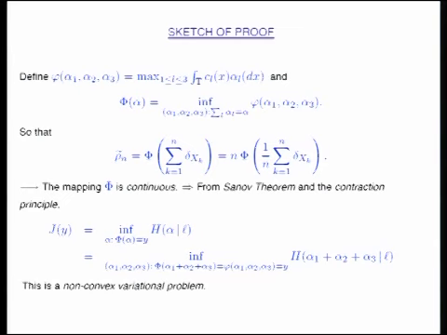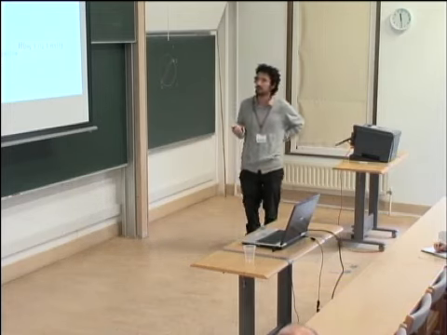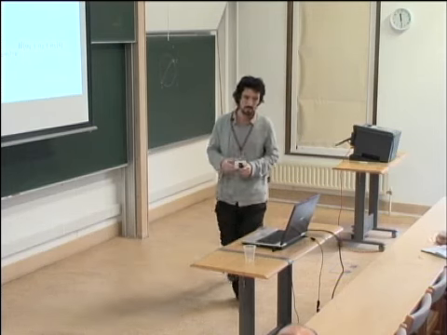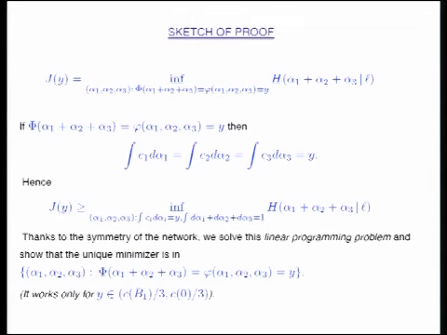So there are no tools to solve this. But here, due to the symmetry, it's quite easy to solve once you notice the following. This is the non-convex optimization problem you want to solve.